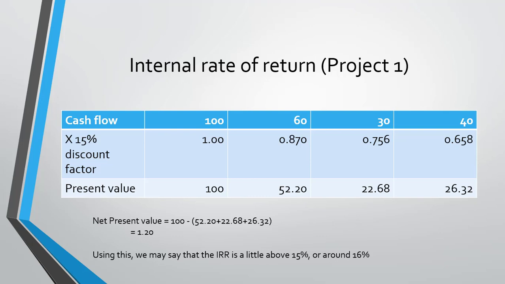So the net present value is 100,000 less the sum of all those inflows for years 1, 2, and 3. The amount is an excess of £1 and 20 pence. So in this case, you can see it will be between 15% and around 16%. We can only estimate on that.